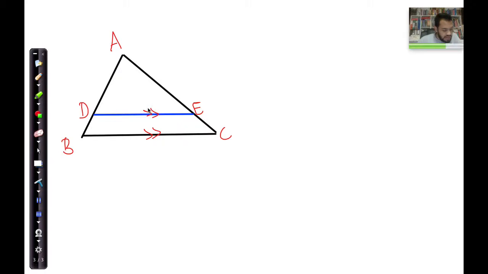And then in my exercise, I'm going to say determine the following with reasons: the length of AD if AE is 15 units. So determine AD, right, if AE is equal to 15 units.